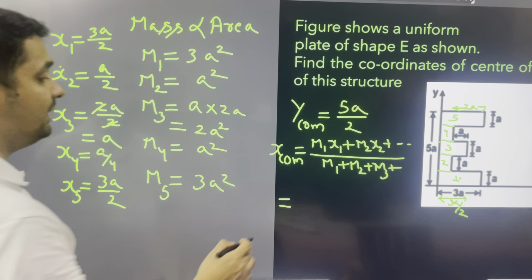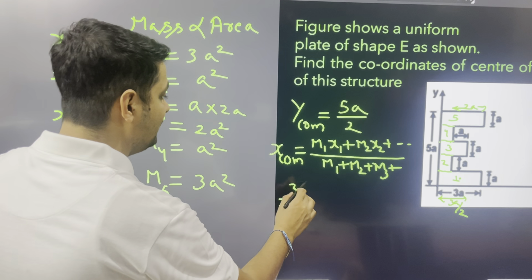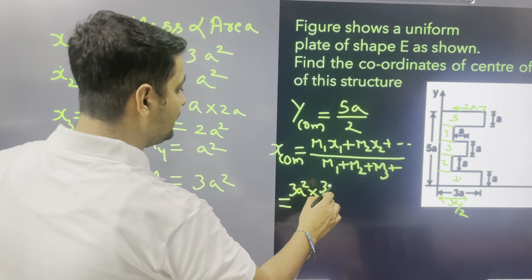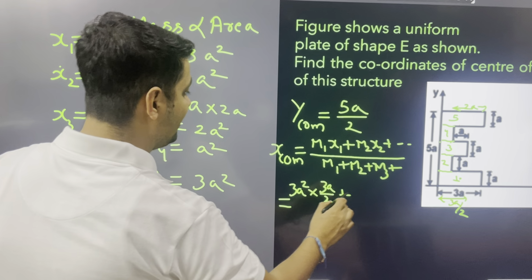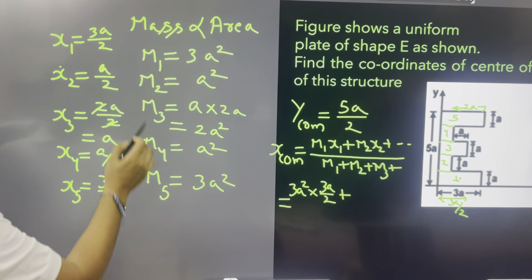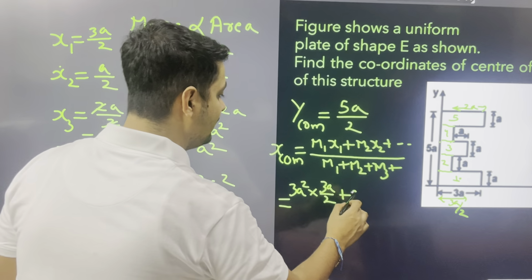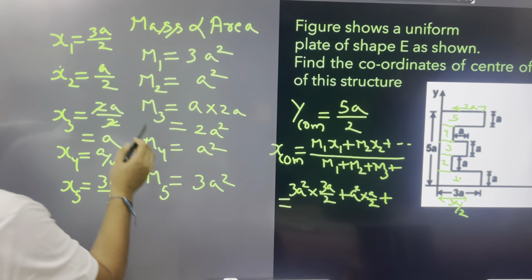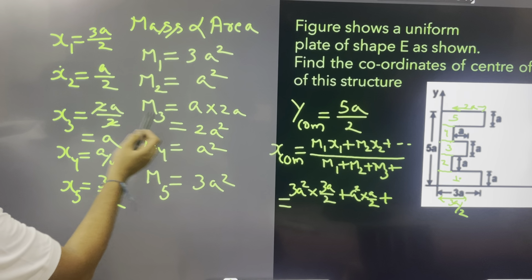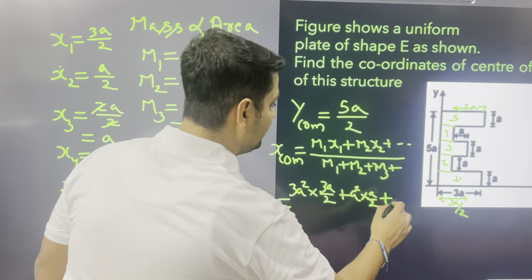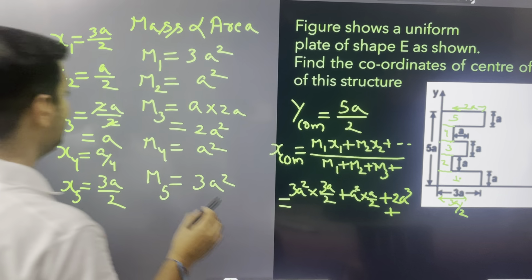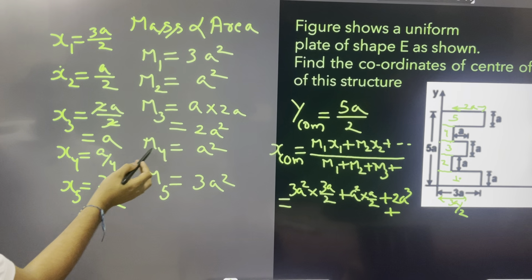So m1 is 3a square, into x1, which is 3a by 2, plus m2 x2. m2 is a square into a by 2, plus m3, 2a square into a, that is 2a cube.